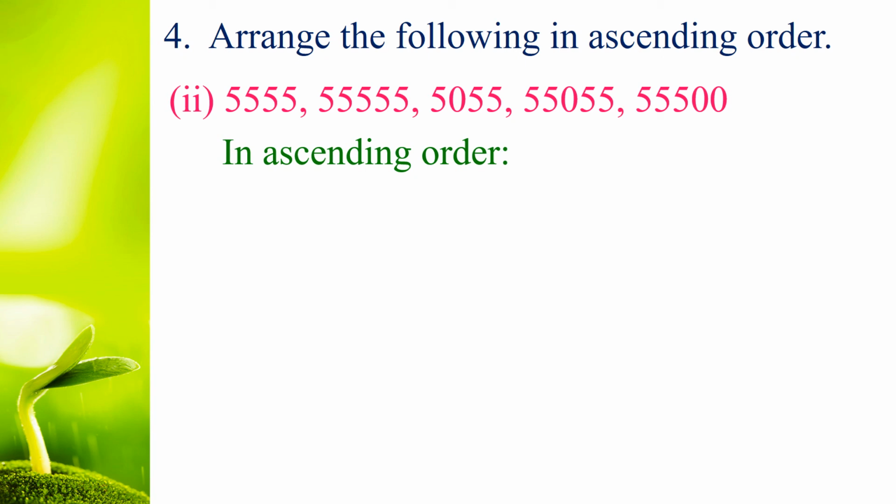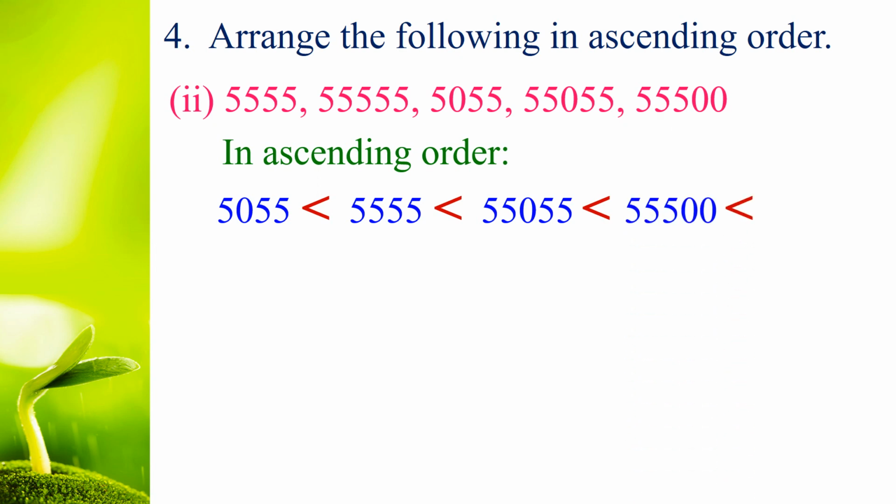So here the first, smallest number is 5,055. Next number, 5,555. Next number, 55,055. Next one, 55,500. The last, greatest number is 55,555.